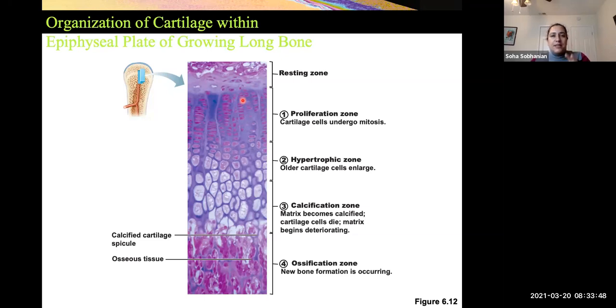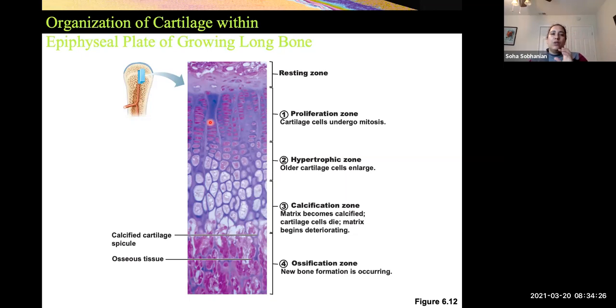So if a person is growing under normal conditions, so we're talking about children and adolescents, the amount of cartilage that I would be adding on the top, the proliferation zone, is equal to the amount of bony tissue that is forming. So the amount I'm adding from the top is equal to the amount that is leaving from the bottom as bone tissue.